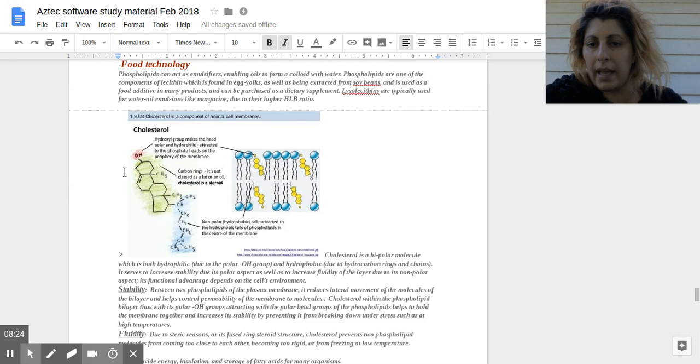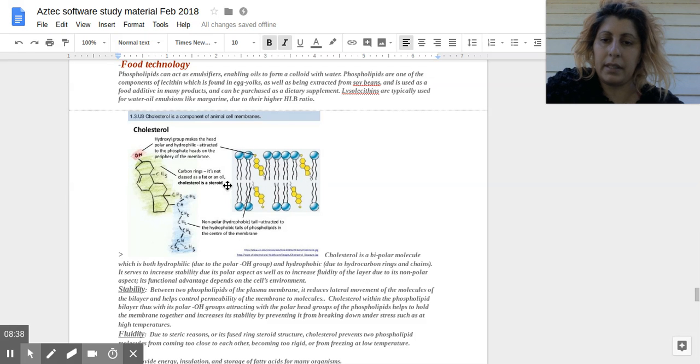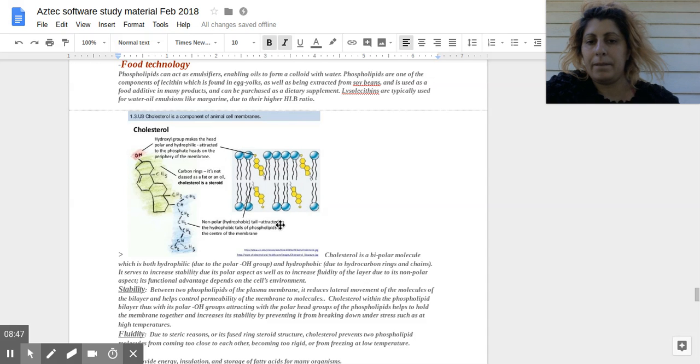Cholesterol is not classed as a fat or an oil, it is a steroid. And then the nonpolar hydrophobic tail is attracted to the hydrophobic tail of phospholipids in the center of the membrane, the bilayer. So it's showing the two layers of the phospholipids facing one another and the cholesterol molecules that interact with it.